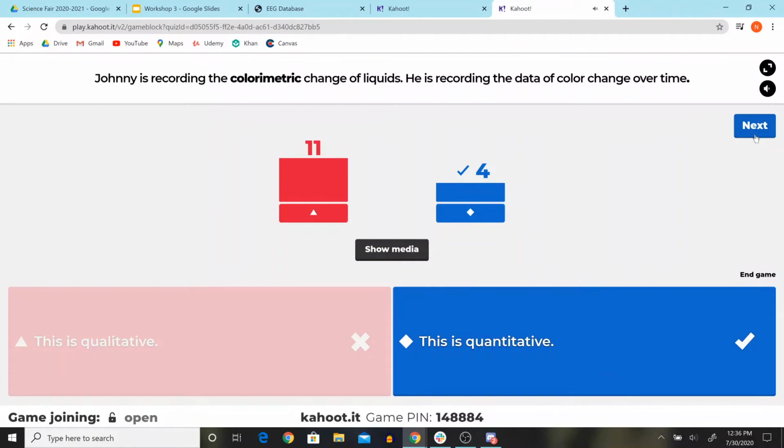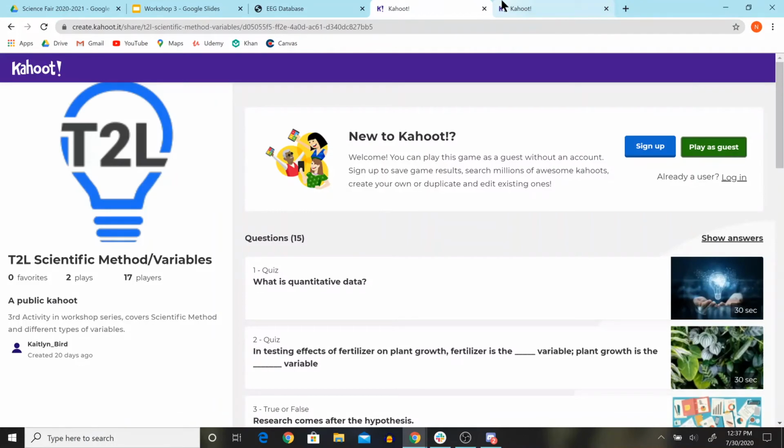False. Is this one right? I thought it was weird. It should be qualitative, because colorimetric. Okay, so it's qualitative.